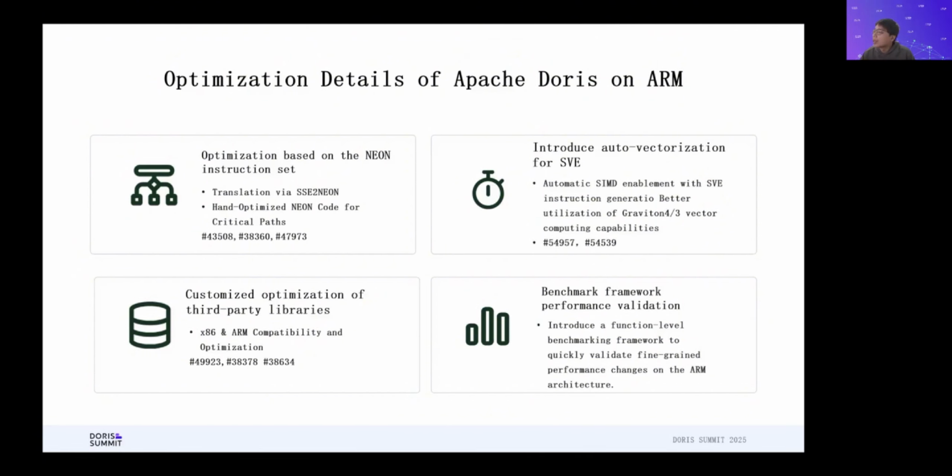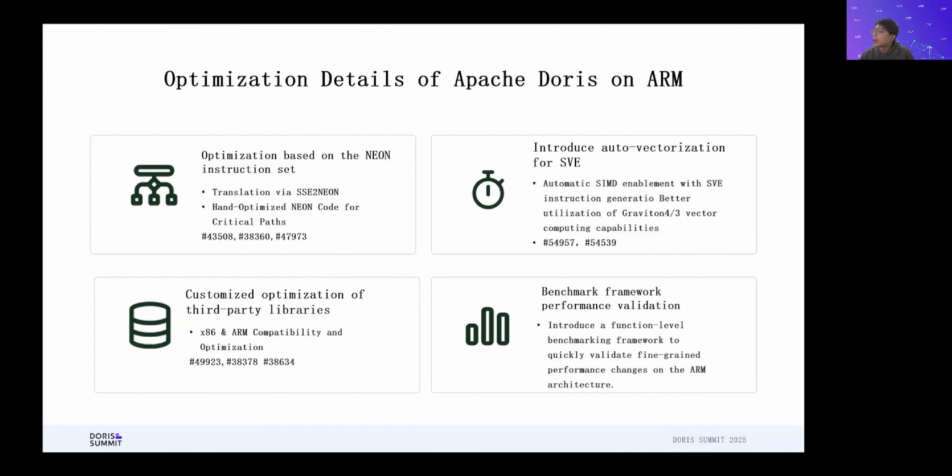This optimization ensures the critical part of the code runs efficiently on the ARM architecture. We do some hand optimization of the NEON code for the critical path. Secondly, we do some optimization for the third-party libraries.